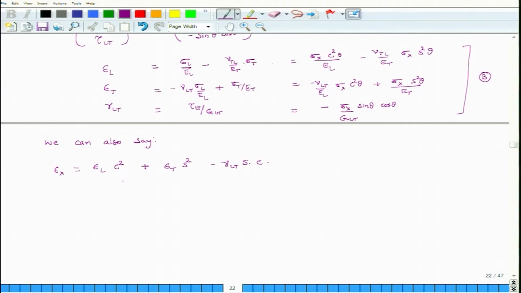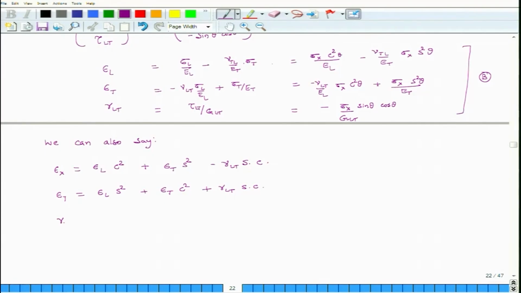And this comes directly from the strain transformation equations when we are dealing with engineering strains. Similarly, epsilon y equals epsilon L sin square theta plus transverse strain times cosine square theta plus gamma LT sin theta cosine theta.